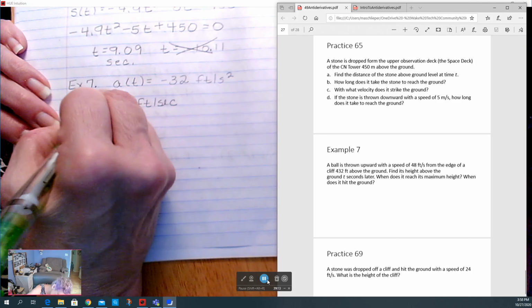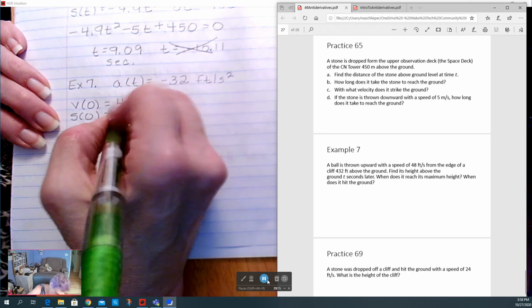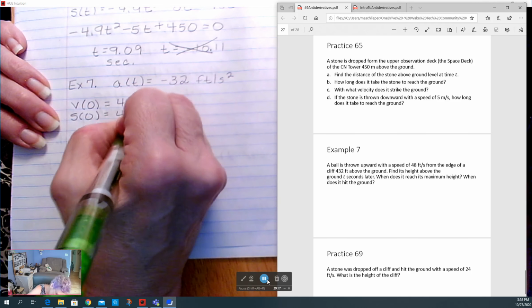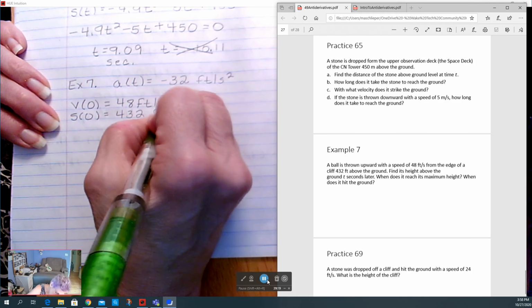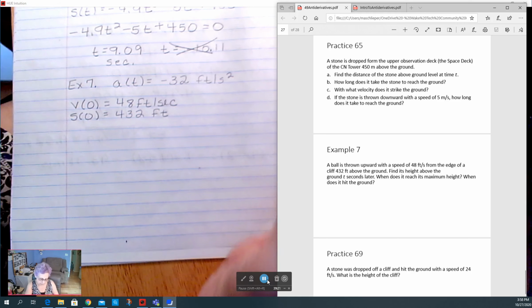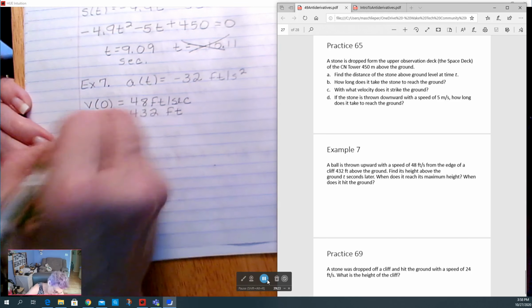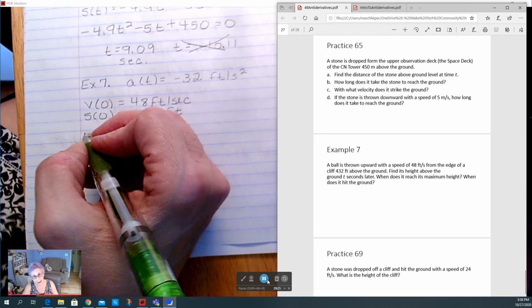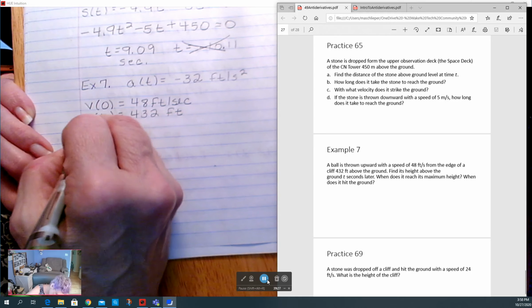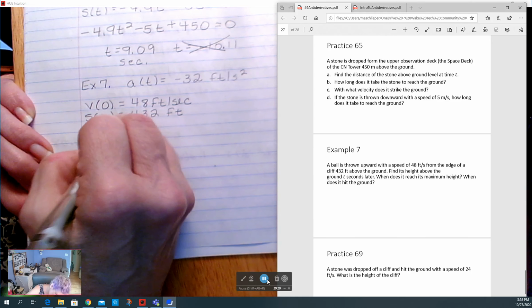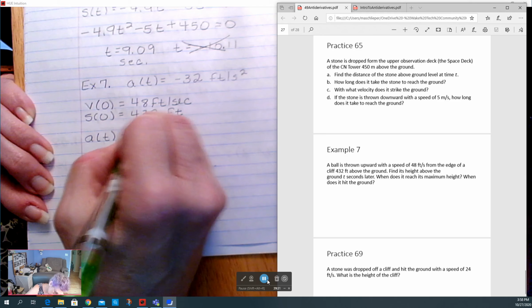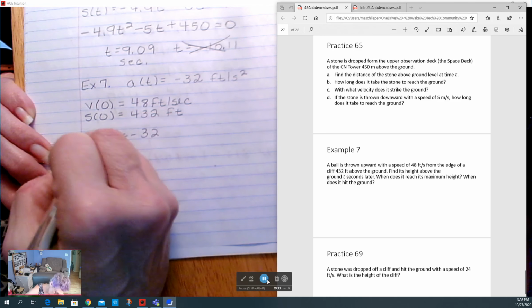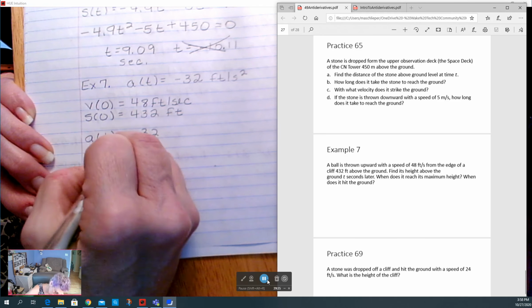And we're at the edge of a cliff that is 432 feet above the ground. So my initial position is 432 feet. Okay. So we have to work our way backwards. We go from acceleration to velocity.